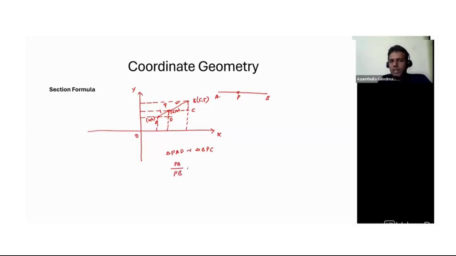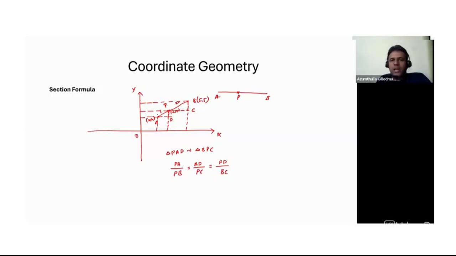So I can say PA by PB, this side by this side, equals AD by PC, this base by this base, which should be equal to these opposite sides, PD by BC. Now, let's substitute these values.